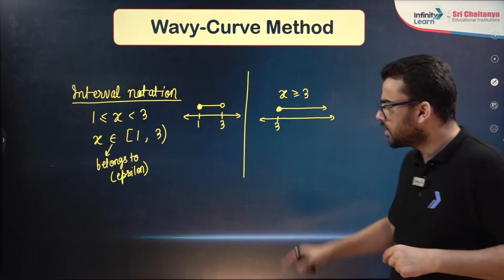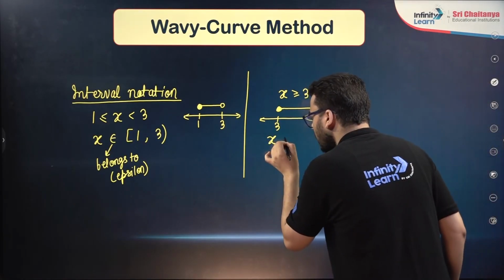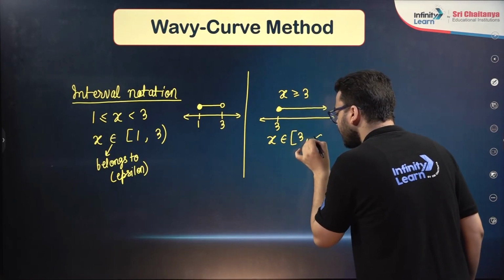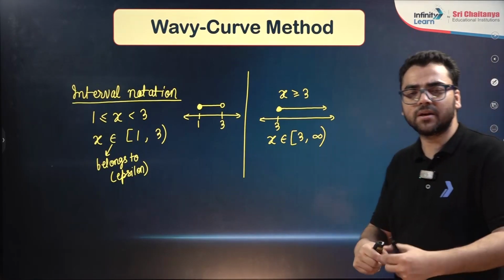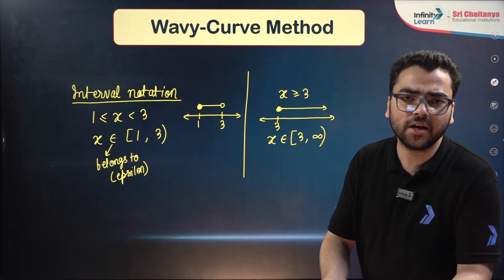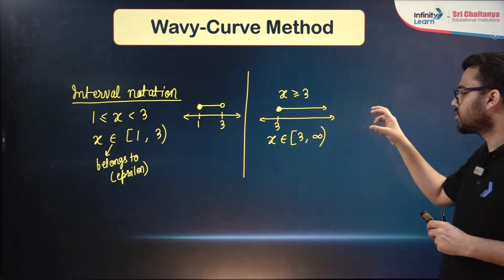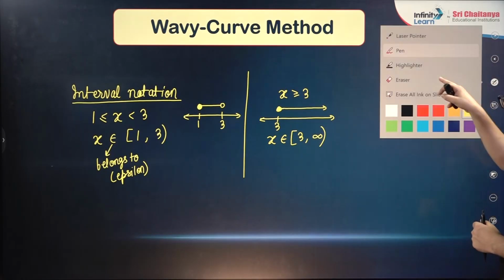So it's going on till infinity. So we can say x belongs to closed interval 3 till infinity. And infinity can never be included. We are just saying that it is approaching towards it. So from 3 to infinity, we can write over here.